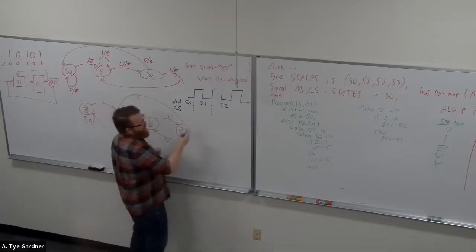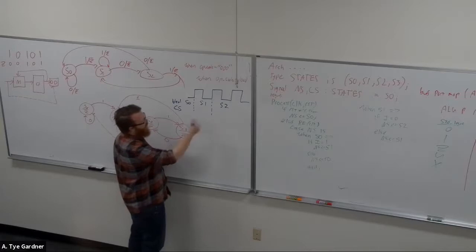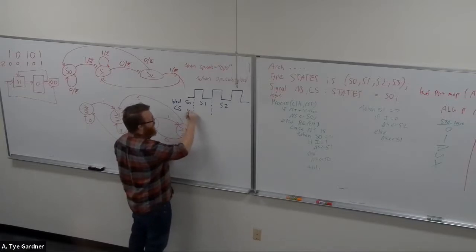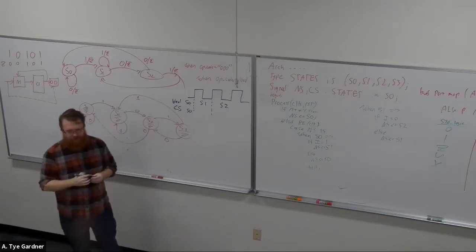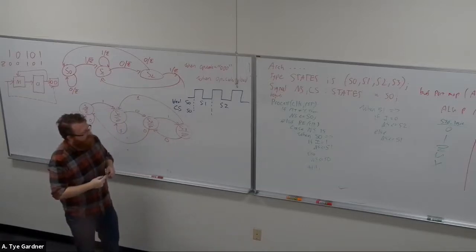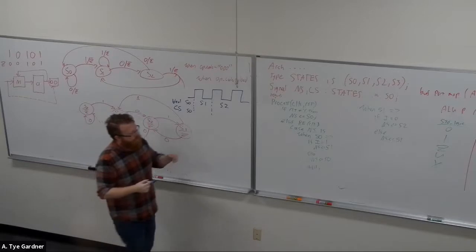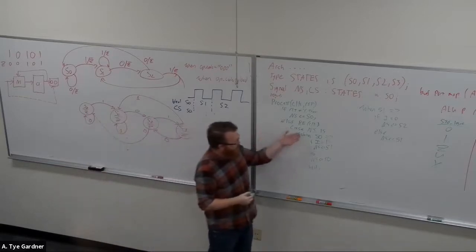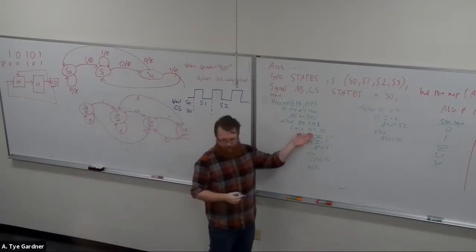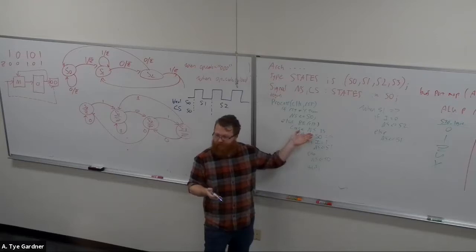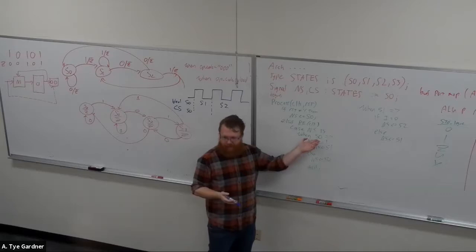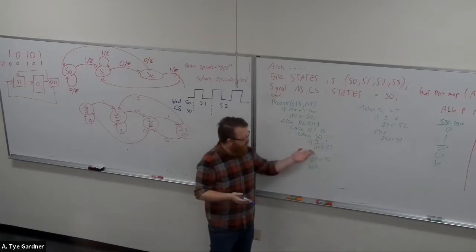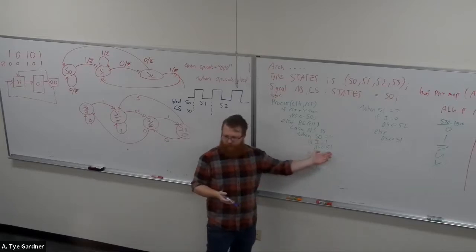Well, I've reset, so I am actually going to be in S0 here. Then the rising edge of the clock happens, and it says, okay, I'm going to case on, I'm going to pretend this is current state for now, right? Case on current state, oh, I am S0, therefore, let's update to S1.